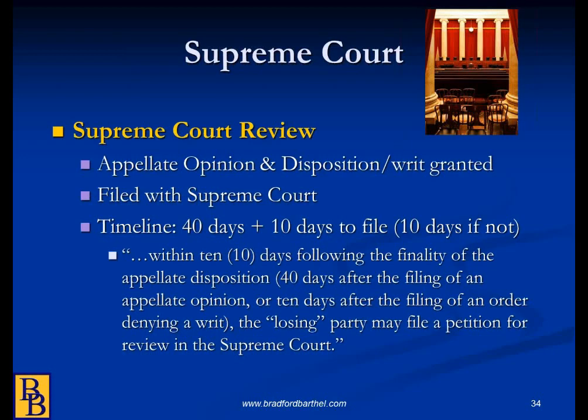When a decision from the Court of Appeal issues, and after oral argument, like I mentioned before, the timeline to file is 10 days, at which it becomes final, and then 40 days to file that appeal. And the losing party is typically the one that files that appeal.